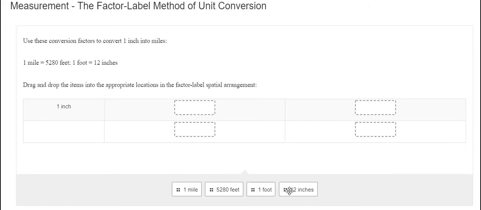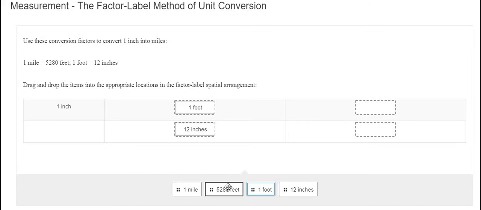Now, what we can say is that 12 inches is the same as 1 foot. And notice that I put the 12 inches on the bottom, and that's so that it can cancel the 1 inch that's on the top. So inches will cancel inches. Okay, the next step that we have to do, since we're trying to convert into miles, is we have to convert the foot into miles.